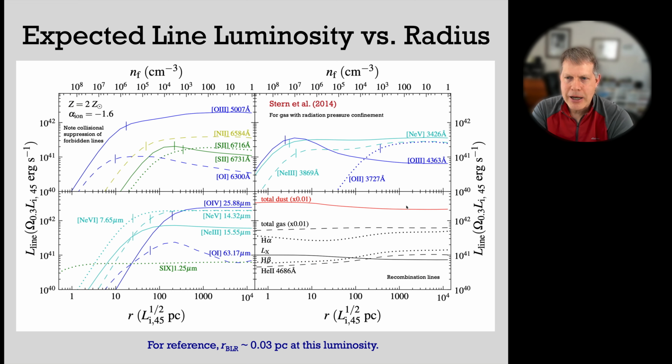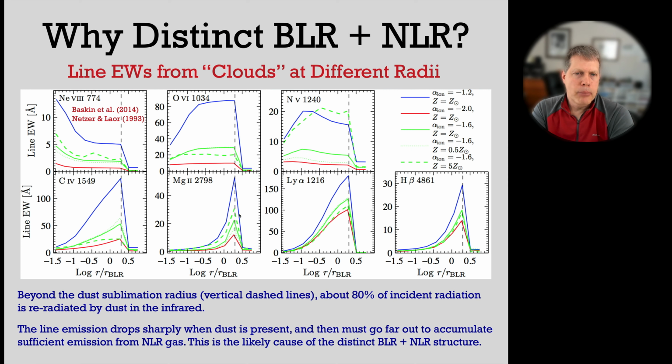And again, you can see that here. Once you can get dust there, it becomes the dominant emission source. On small scales, where dust cannot survive, you get efficient production of line emission. Then you get out to a scale where suddenly dust can form, and the emissivity of the gas crashes down dramatically.